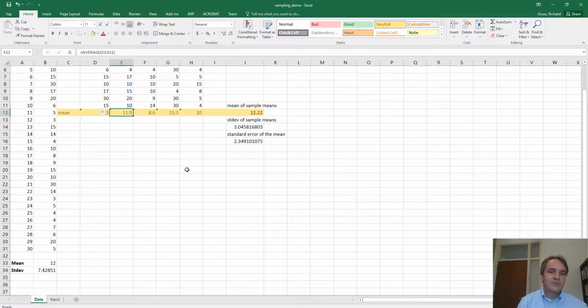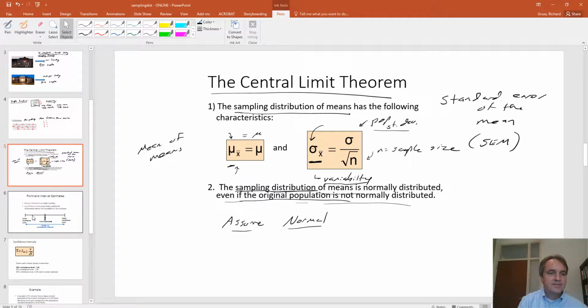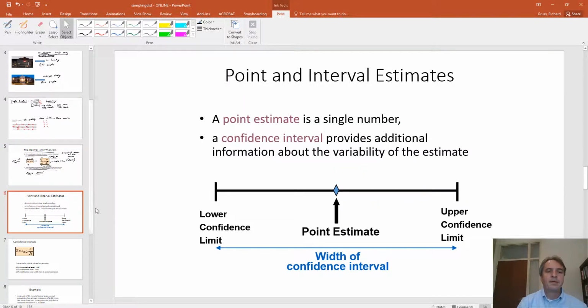But if we have a small amount of variation across samples, then we have more certainty about what the value of the actual population is. So this uncertainty in moving from the sample statistic to a statement about the population parameter is embodied in confidence intervals.